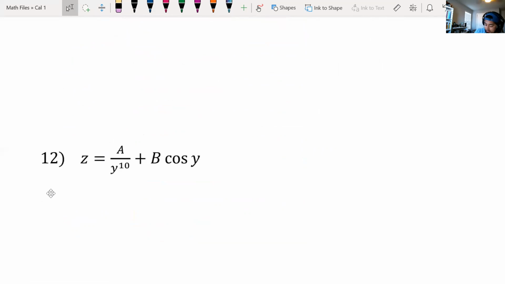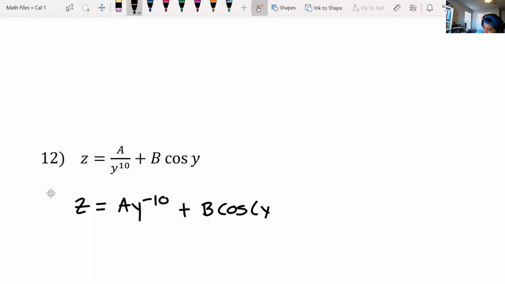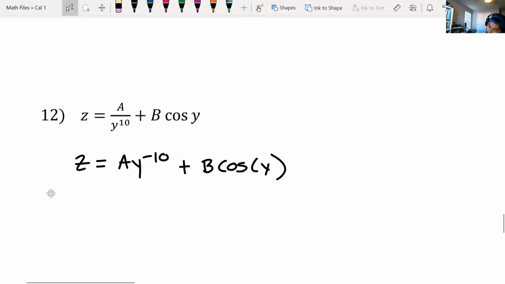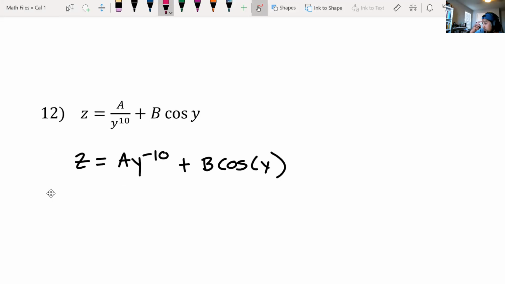12. z equals a over y to the 10th plus b cosine y. So here we have to, of course, rewrite a over y to the 10th. My rewrite is just going to be z equals a times y to the -10 plus b cosine y. And now we'll take the derivative.